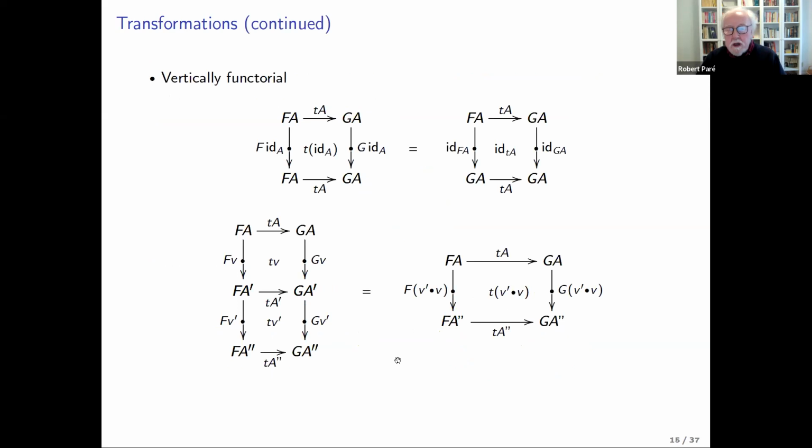And it's vertically functorial. So if you have two V's that compose, then you look at the cell corresponding to it. And if you compose those, then you get the cell corresponding to the composite. And then there's a condition here for the identity as well.